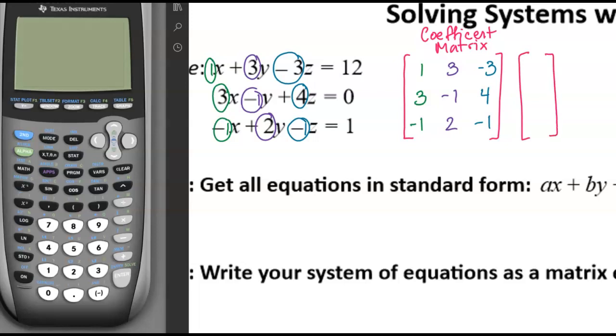And this is where we place our constants in the exact same order as we see them here. So I'm going to place a 12 in the first row, first column, a 0 in the second row, first column, and a 1 in the third row, first column. This is what I like to call our constant matrix.